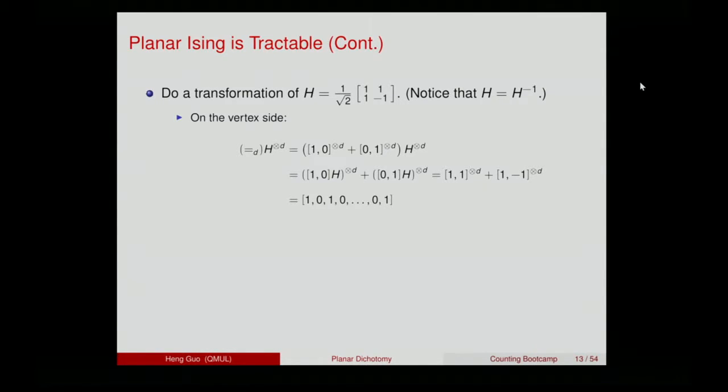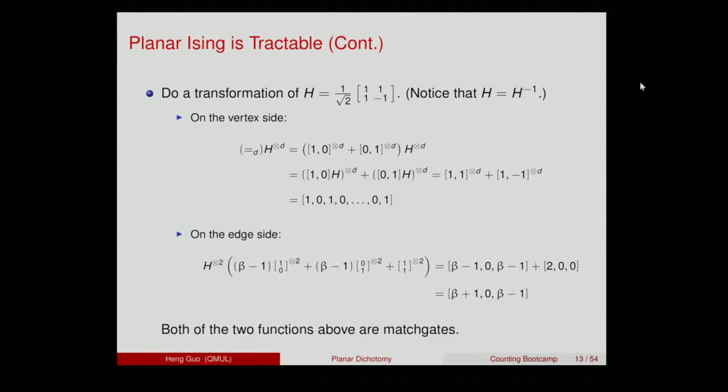It's the same vector, the same 2^d length vector, which is 1 if it's all 0 or all 1. We can distribute it and compute this. Here I ignored some constant factor because it doesn't affect the complexity. So we get this expression, which is basically a parity function. It is 1 if and only if the weight is even. And on the edge side, we do the same sort of thing.